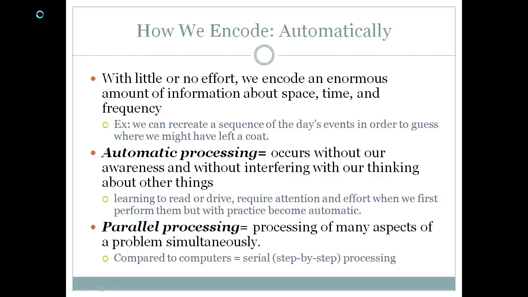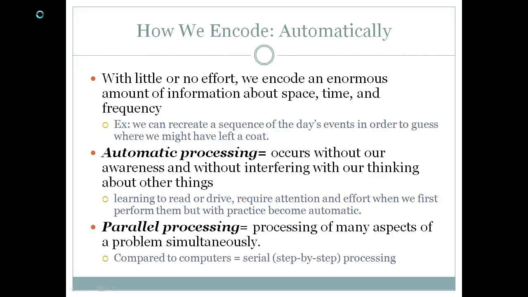So automatic processing occurs without our awareness, and the key thing here is without interfering with our thinking about other things. So this allows us to do more than one thing at a time. So you might be able to walk and chew gum at the same time.